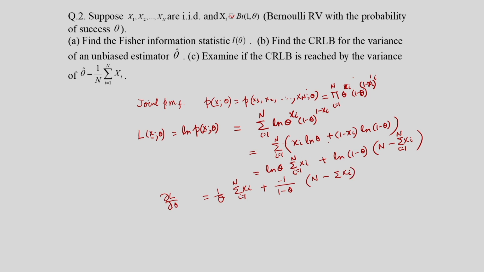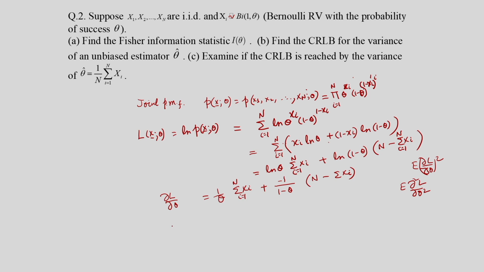Now we can find the information statistic by finding either E of del L del theta whole square, or we can go to the second order partial derivative, E of del 2 L del theta square.